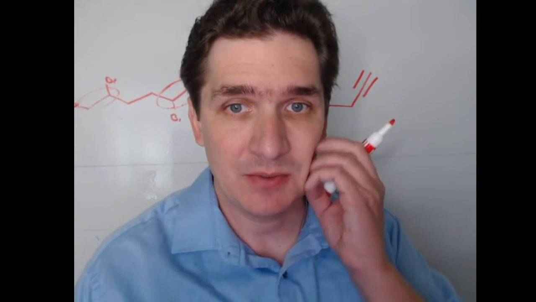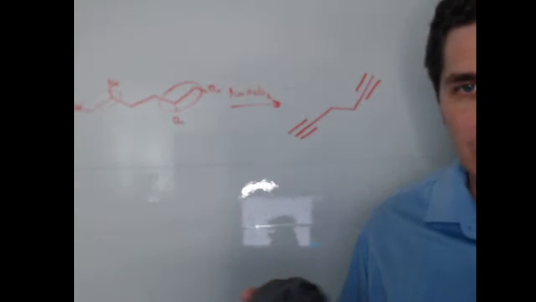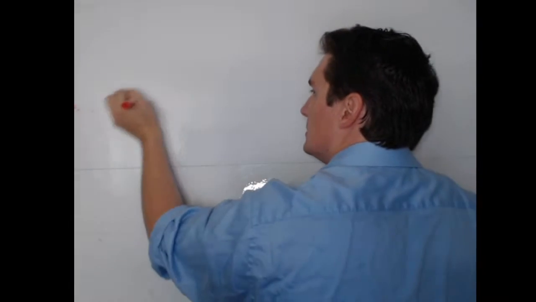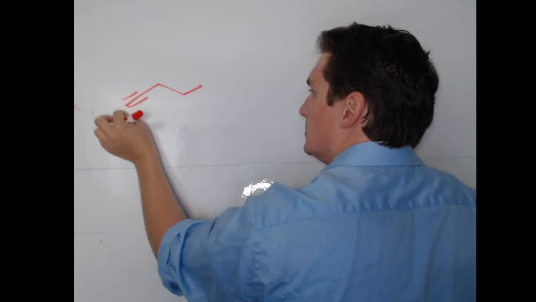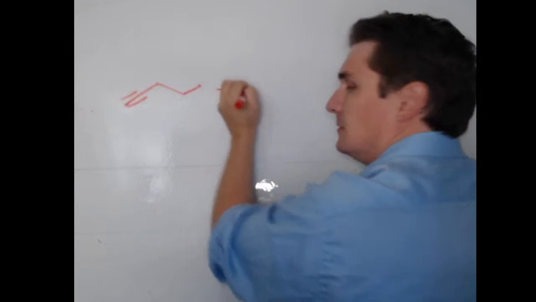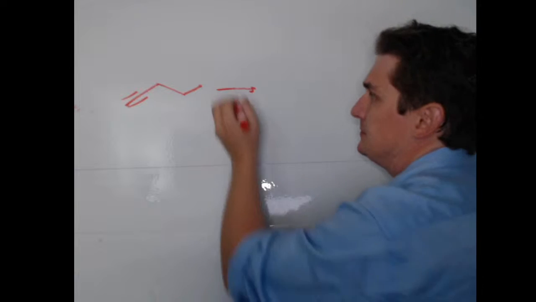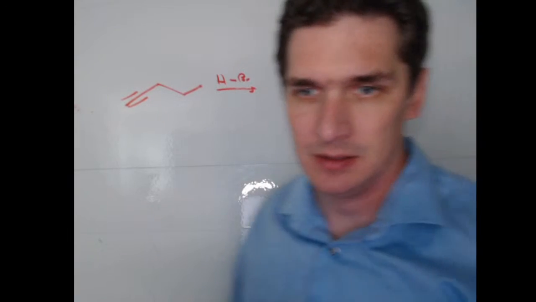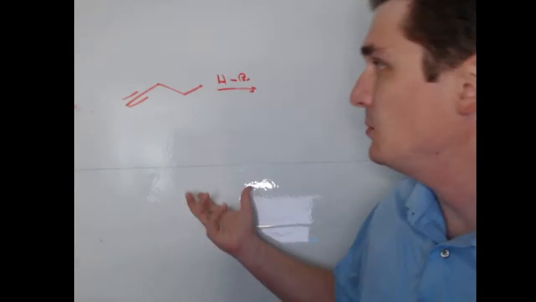Draw a stepwise mechanism for the following reaction. We have the alkyne, we have 1-pentyne, first reacting with HBr. This is going to proceed the same way an alkene does.